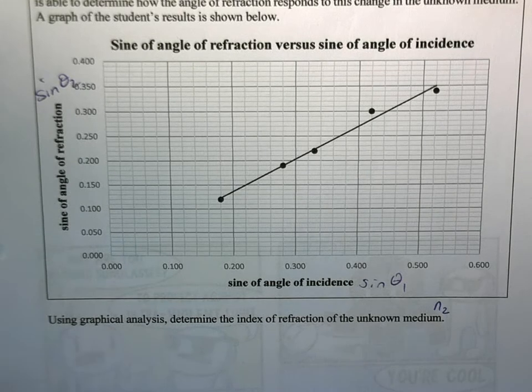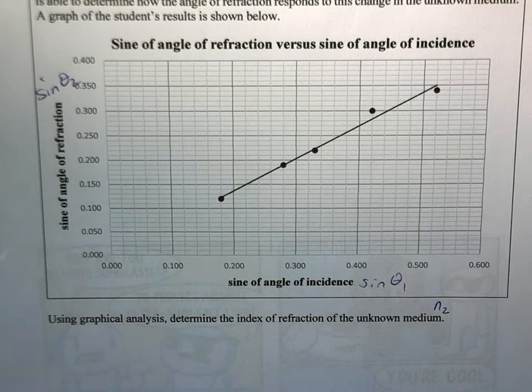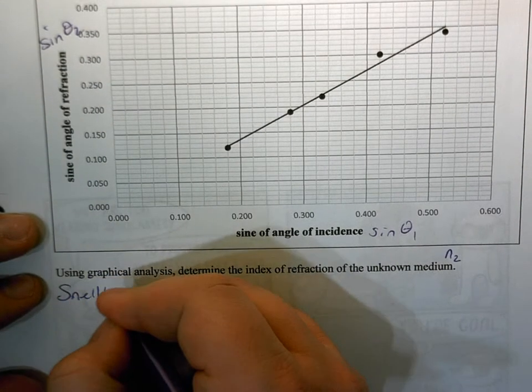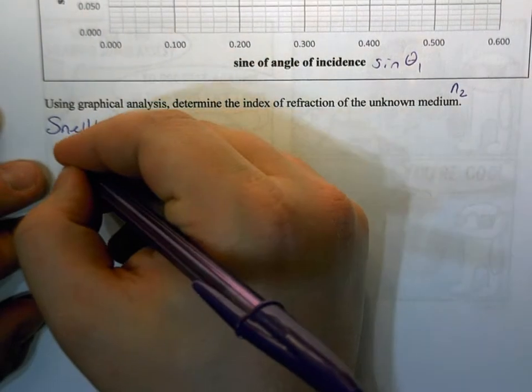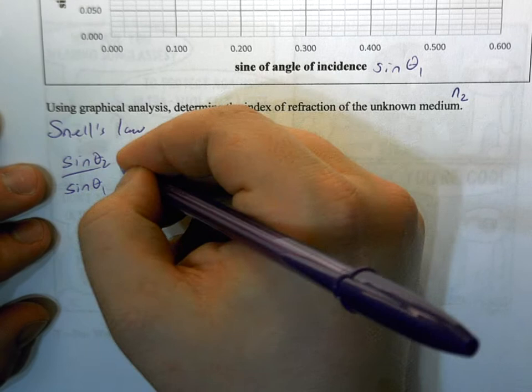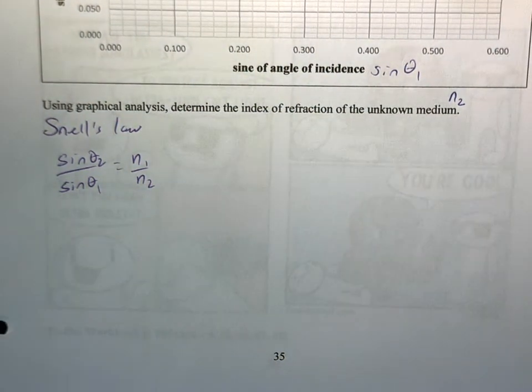So we have n1, we want to find n2, and we know sine theta 2 and sine theta 1. The equation that's going to help us out here is Snell's law. Sine of theta 2 over sine of theta 1 is going to be n1 over n2. When we're doing all of these graphical questions, we always want to be really careful.